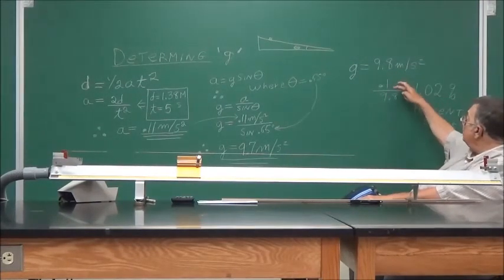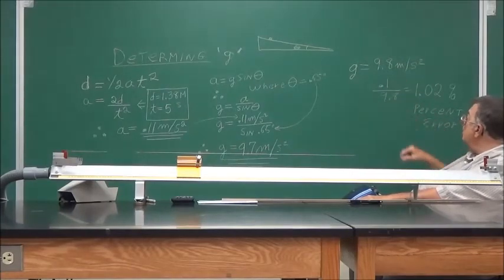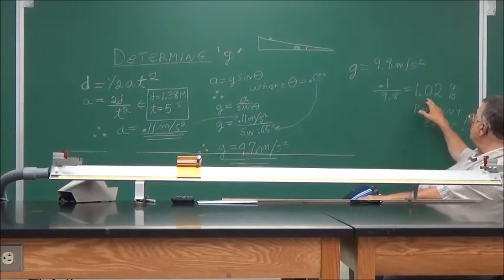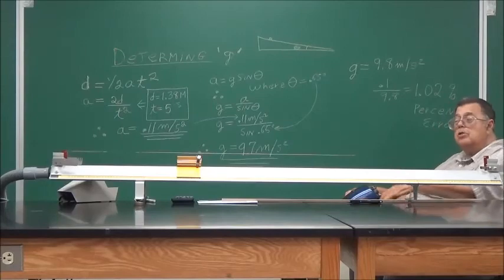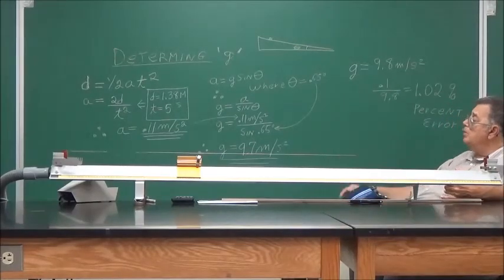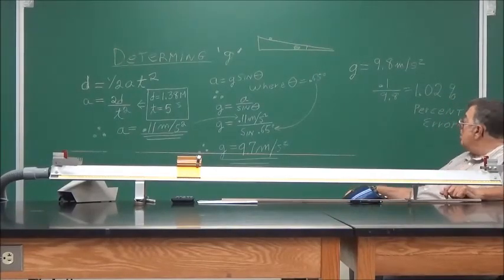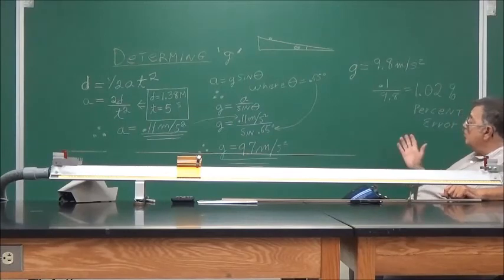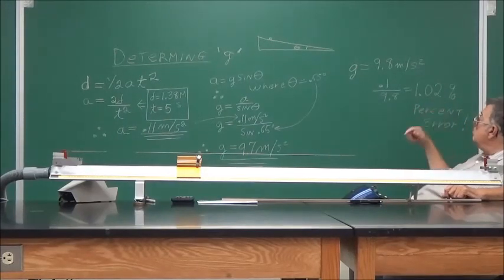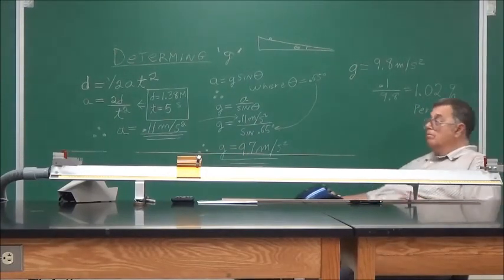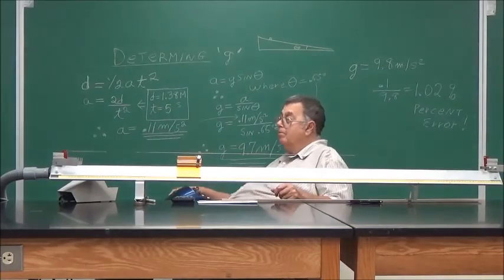Now 0.1 divided by 9.8 to get a percentage comes out to 1.02%. So by getting 9.7 meters per second squared, we are only 1.02% off. And that's not bad.